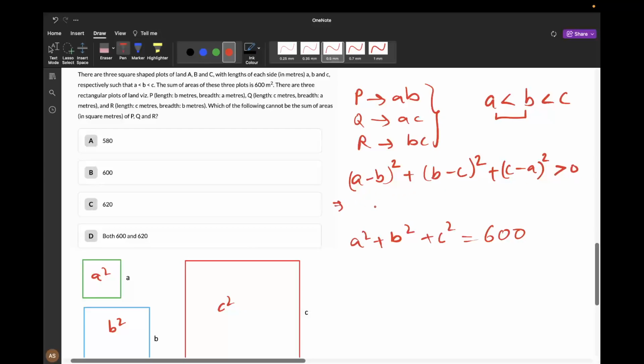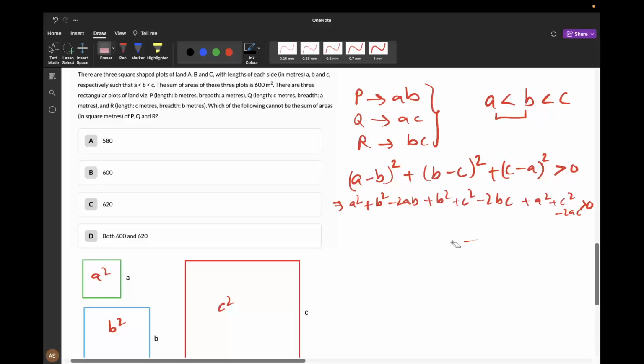So now if we open up the brackets, we'll get A square plus B square minus 2AB. We'll have B square plus C square minus 2BC. We'll have A square plus C square minus 2AC, greater than 0.